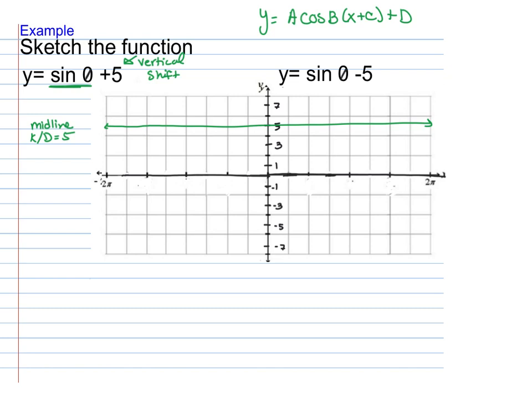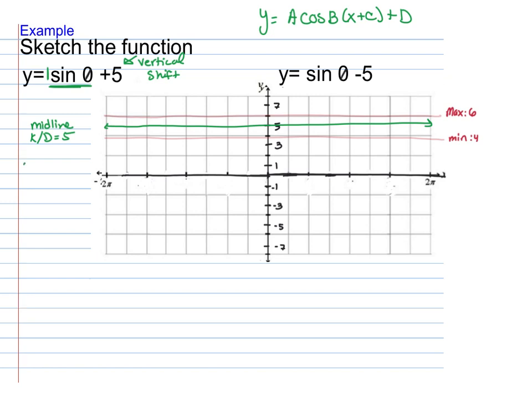Okay, so that means that if your amplitude is 1, this right here is going to be your max and this is going to be your min. So now your max is going to be 6 and your min is going to be 4. So you're going to be going up and down from those points. We have an amplitude of 1, so that's where I have my 6 and my 4, because it's the distance between my midline and my max and my midline and my min.